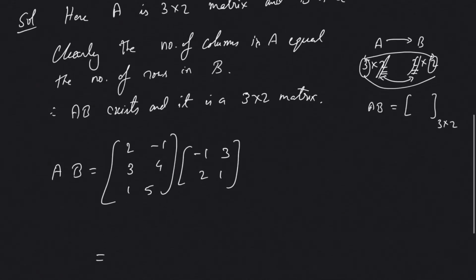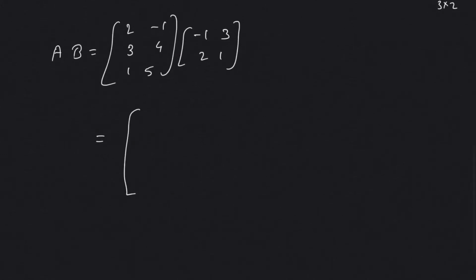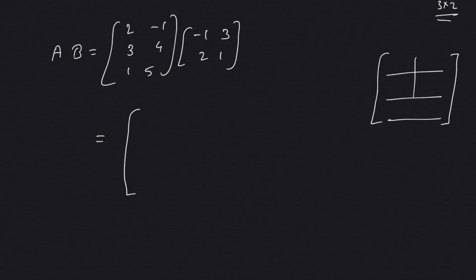Since we know that our matrix will be of order 3 by 2, in order to avoid any confusion, let's construct this 3 by 2 matrix, that is 3 rows and 2 columns: A11, A12, A21, A22, A31, A32. When you make this rough sketch of the resultant matrix, it is really going to help you in multiplying matrices. And how? It is like this.